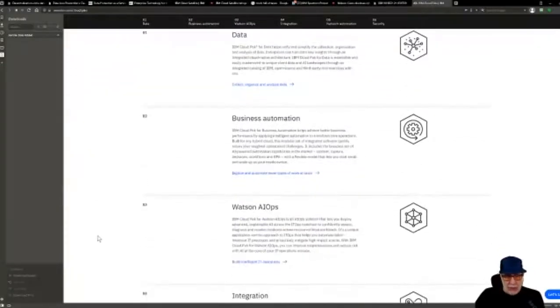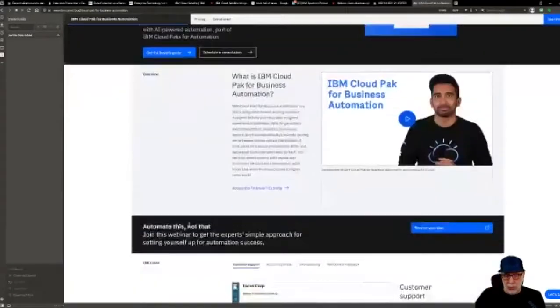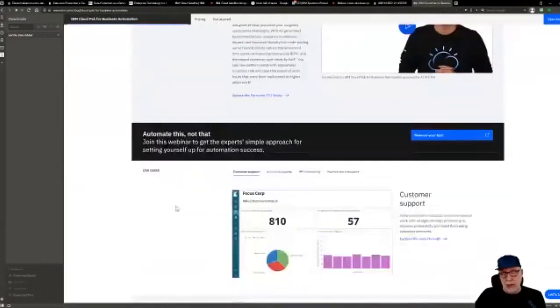This goes into a fair bit of detail on what each of them implies and what they utilize and how they are applied within the enterprise. And again, at the end of the day, the goal of these Cloud Paks is really to make the consumption of the services and the portfolio elements easier, more repeatable, and simpler for customers to consume and deploy.